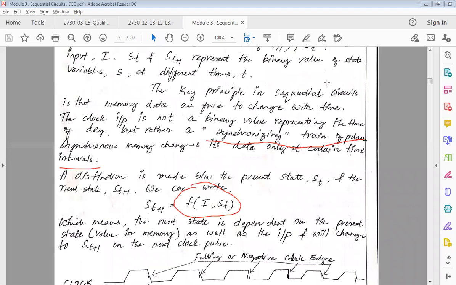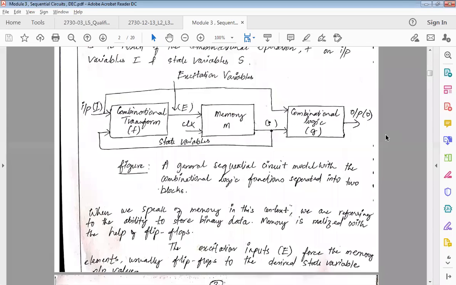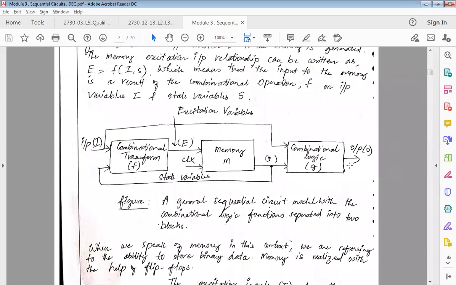So where is this St plus 1? We will go back and try to understand where it is. The output that you are getting here is going to be the next state, St plus 1.